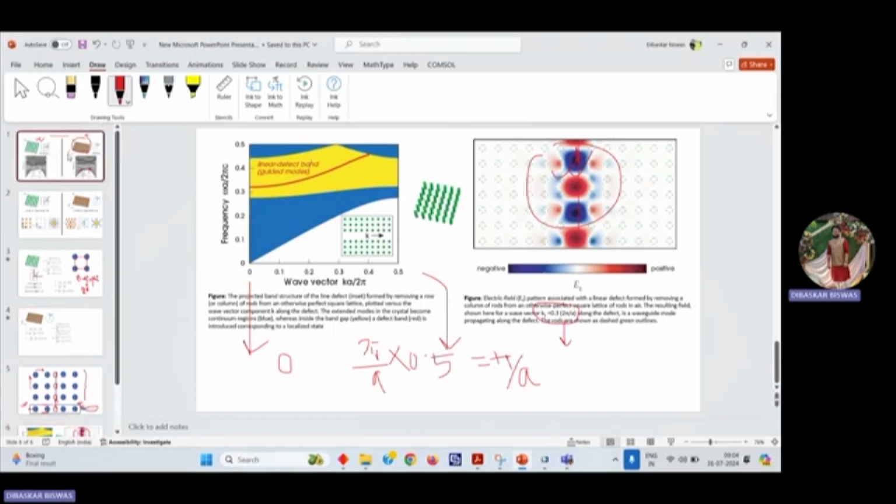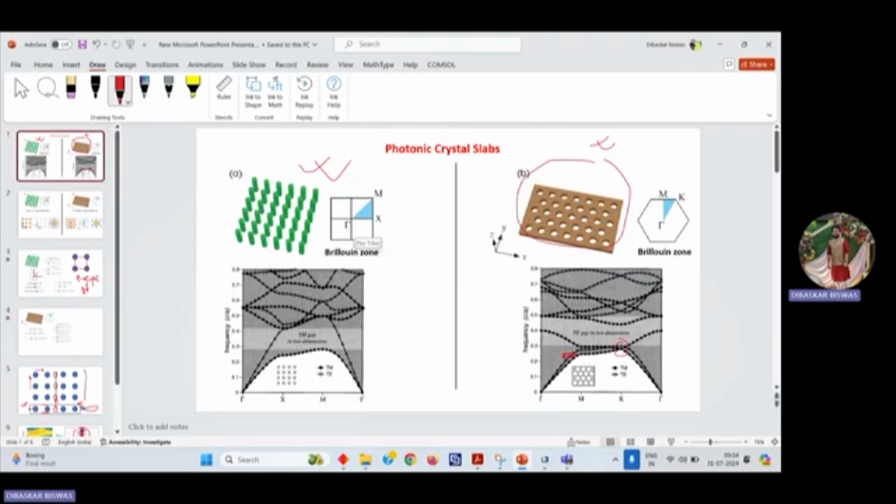First, this is a square lattice, because if you join the centers of all the lattice points, you get a unit cell that is a square. For a square lattice, as we have seen in previous lectures, the Brillouin zone is also a square, and the irreducible Brillouin zone is the triangular area.